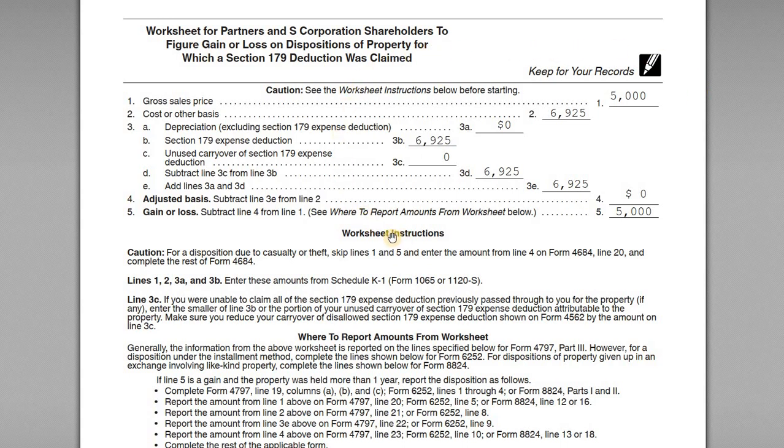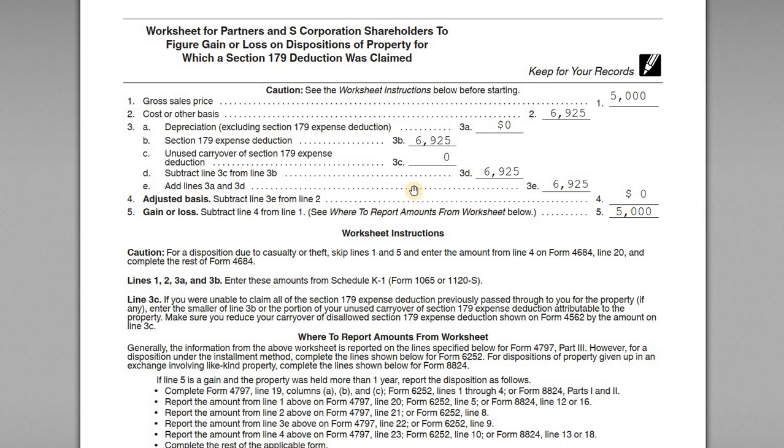And so what's happening here is really we're looking at line items B and C. These are the key points, right? So the Section 179 deduction that was claimed was the $6,925. But notice here on line 3C, we have unused carryover of 179 expense deduction. So in this case, John has 0, meaning that there isn't any that was unused at his level or the entity level, right?